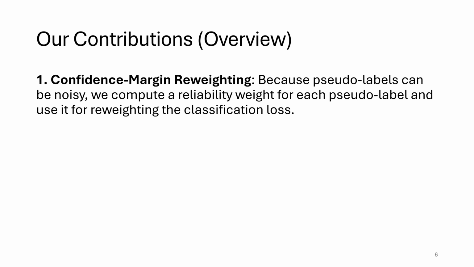Here is an overview of our contributions. Our first contribution is the confidence margin reweighting strategy. Since pseudo-labels in the target domain can often be noisy, we assign a confidence margin-based weight to each pseudo-label. This weight reflects the reliability of the pseudo-label and is used to reweight the classification loss accordingly.